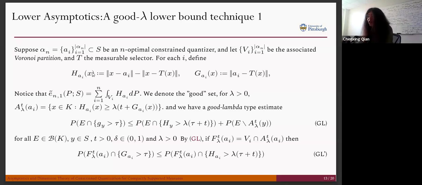Here we define two auxiliary functions, psi and phi. The constrained quantization error in this case is the integration over psi. And the function phi can be understood as very similar to the quantization error of the case when the constraint is the probability support itself.